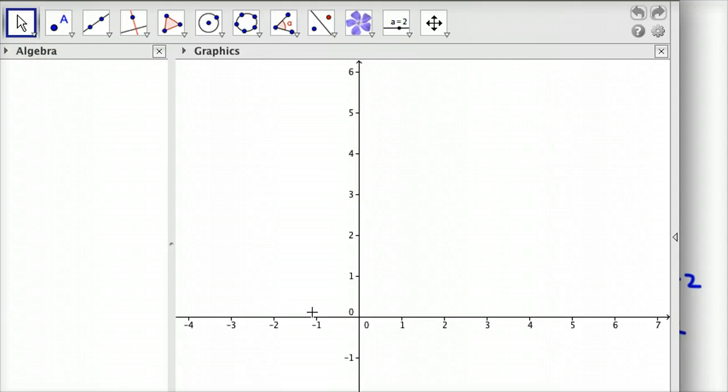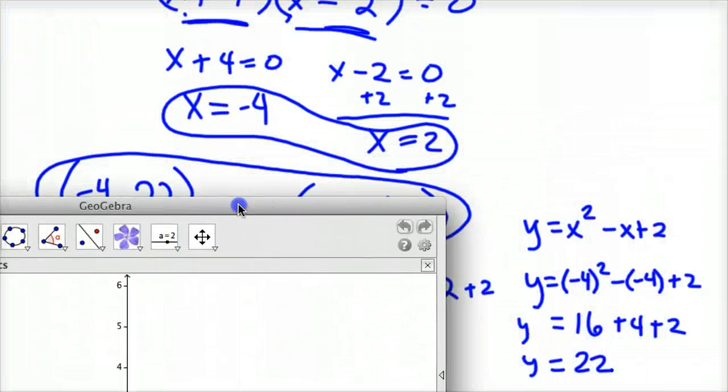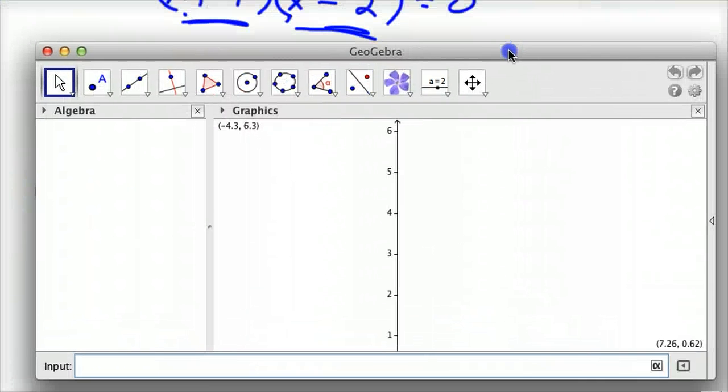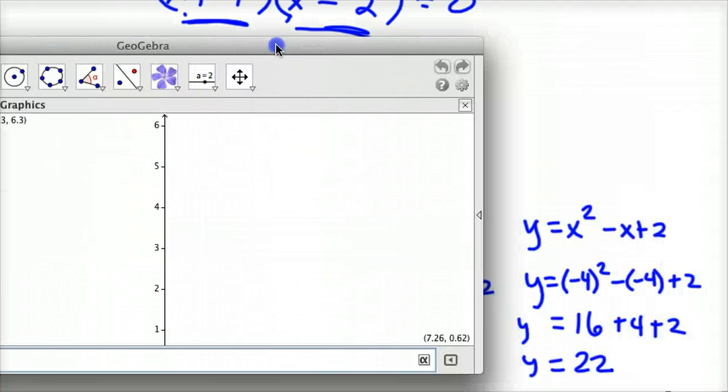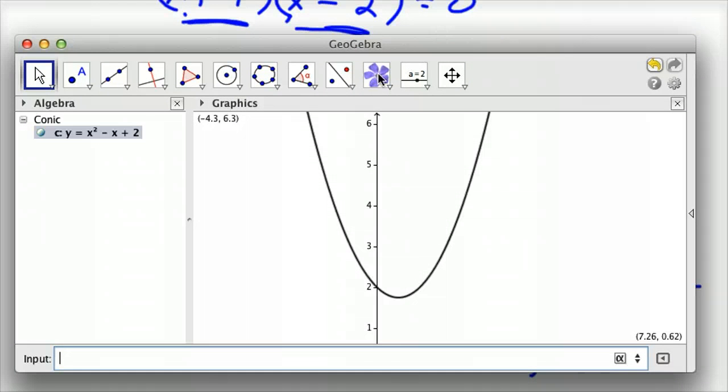Okay, so I'm going to go ahead and graph this thing. And so we have two equations. One is x squared minus x plus 2. So let me type that in. y equals x squared minus x plus 2. So there's that one.